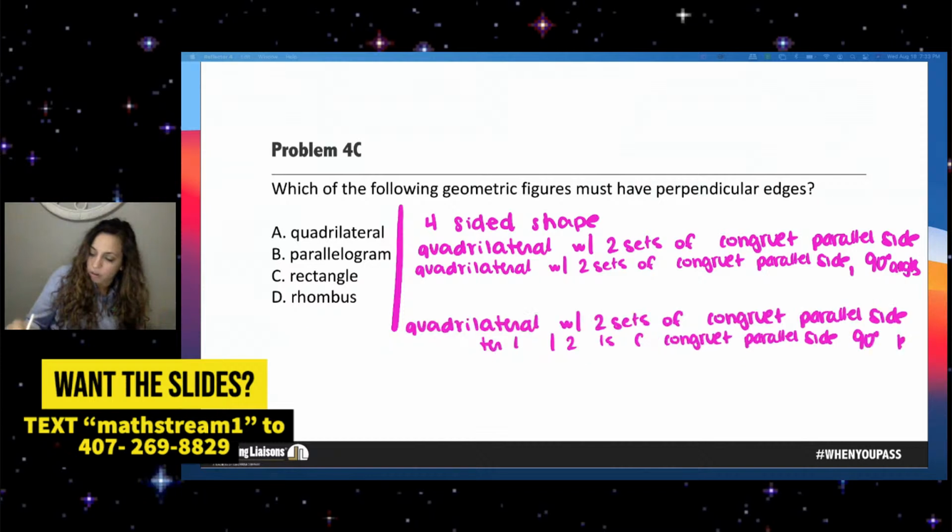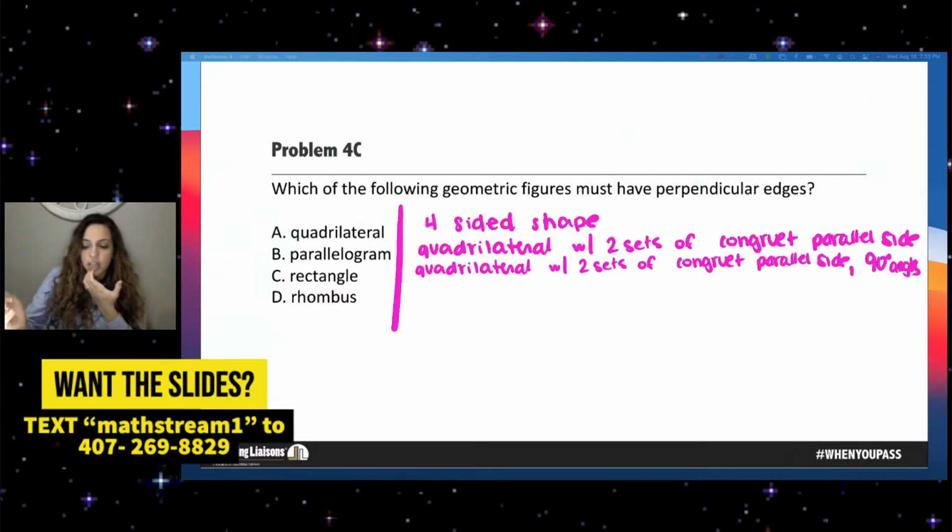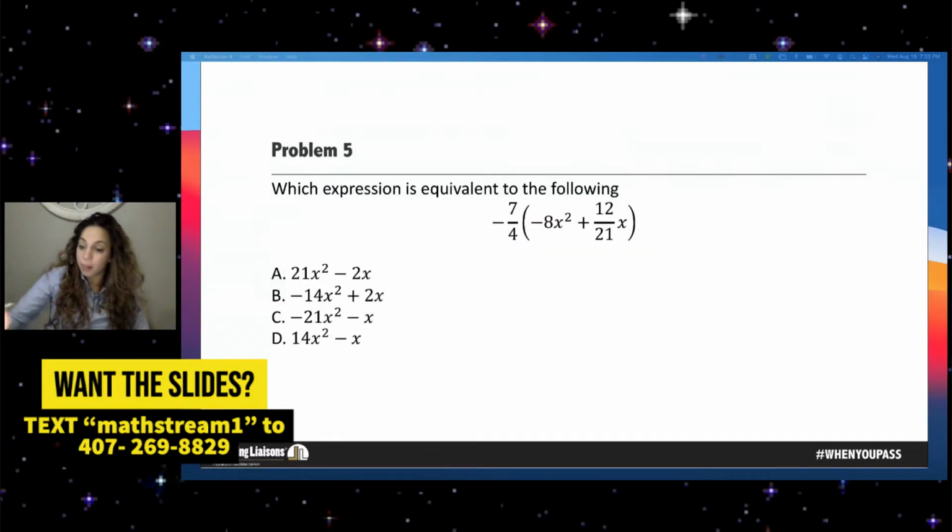So which of these has to have perpendicular edges? It's going to be our rectangle, because the rectangle is the only one that's required to have 90-degree angles. All right, let's move on into some algebra, because that was enough geometry for one day for me.